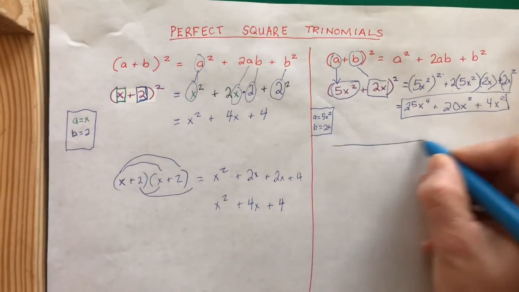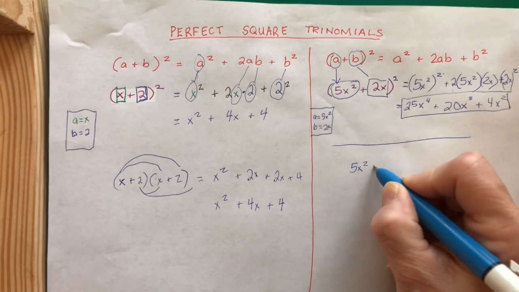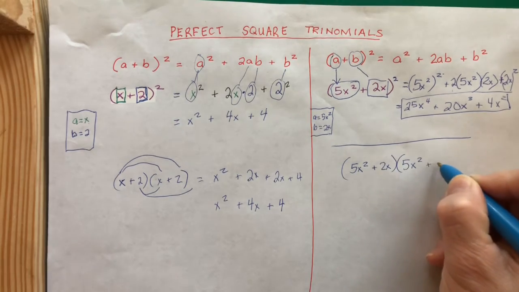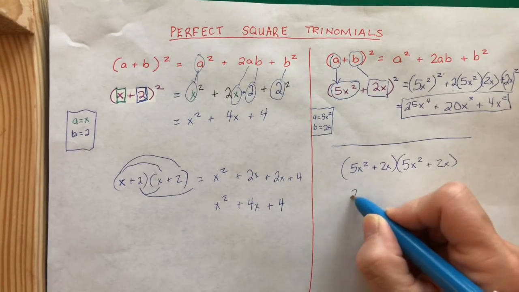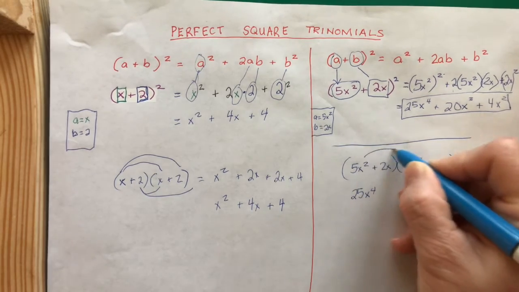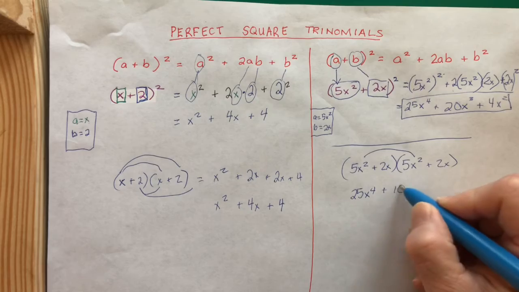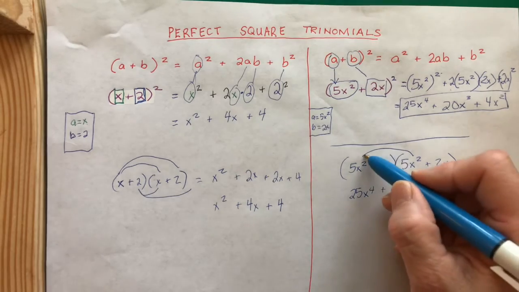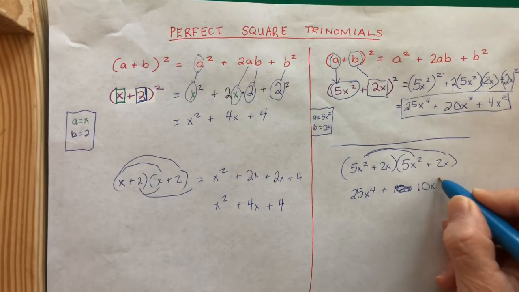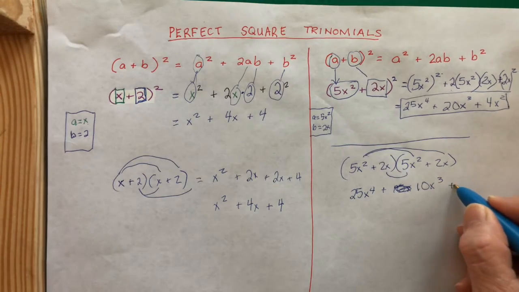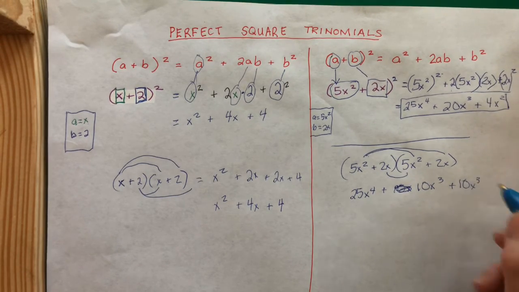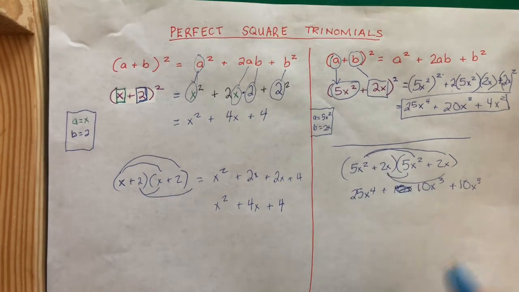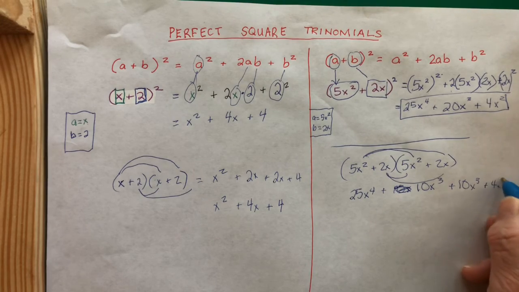I could have done it the old way, 5x squared plus 2x times 5x squared plus 2x, and then I would have gotten 25x to the fourth plus 10x cubed plus 10x cubed plus 4x squared.